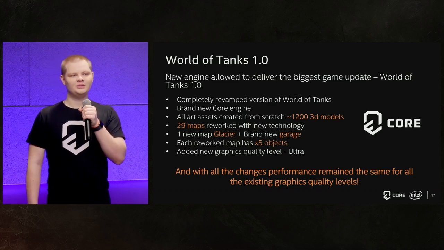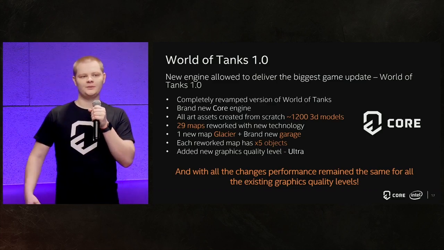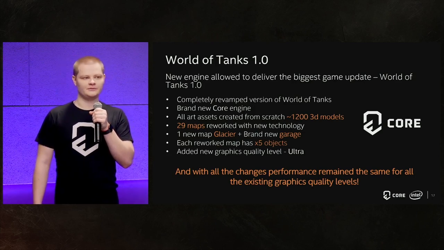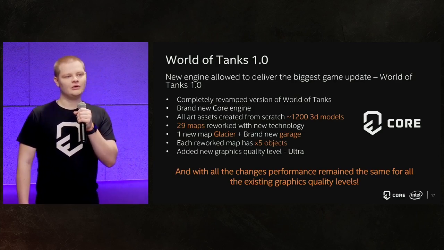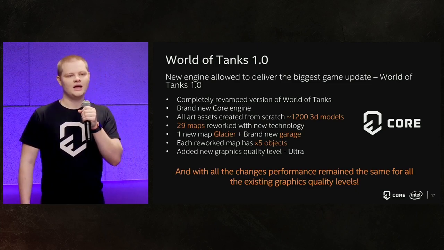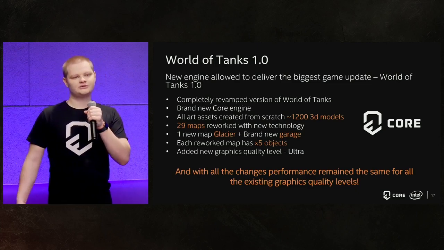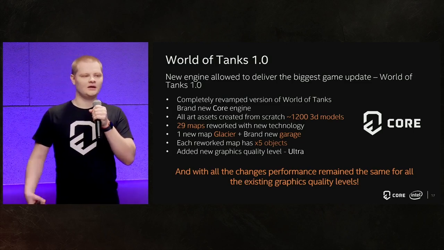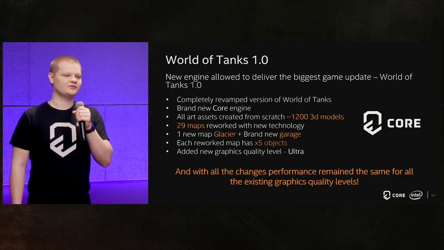Simple conversion to PBR wasn't enough because not only the lighting model changed, but also the content production pipeline. The geometric detail of all 3D models, including tanks, was very low, because most of it was created in 2010, so we had to create it from scratch.